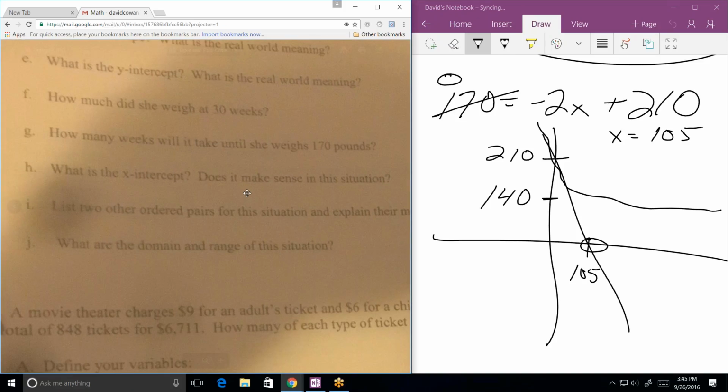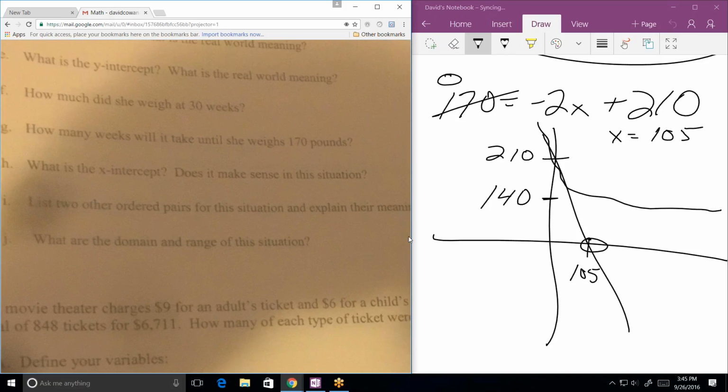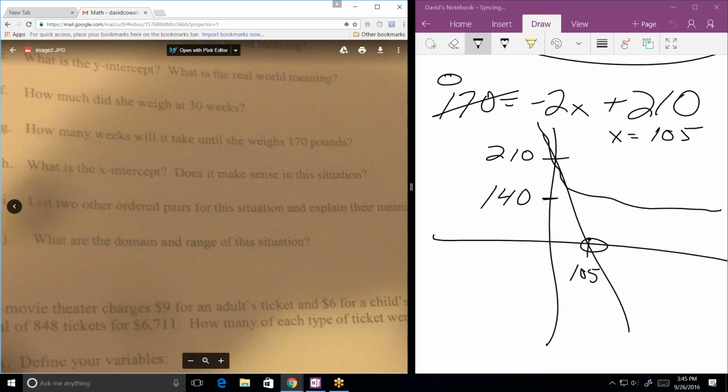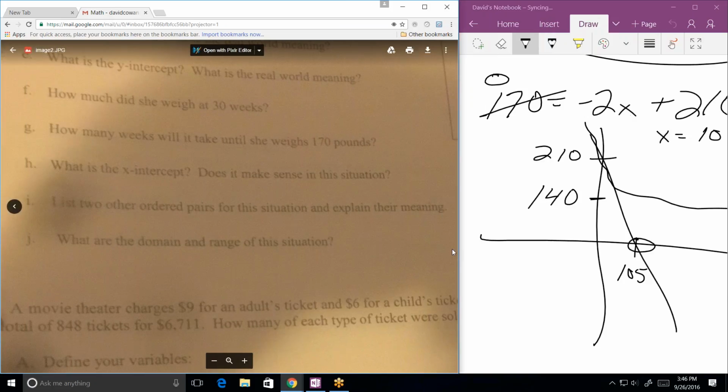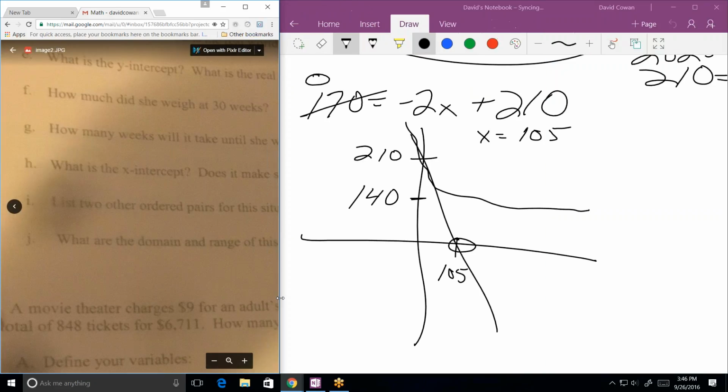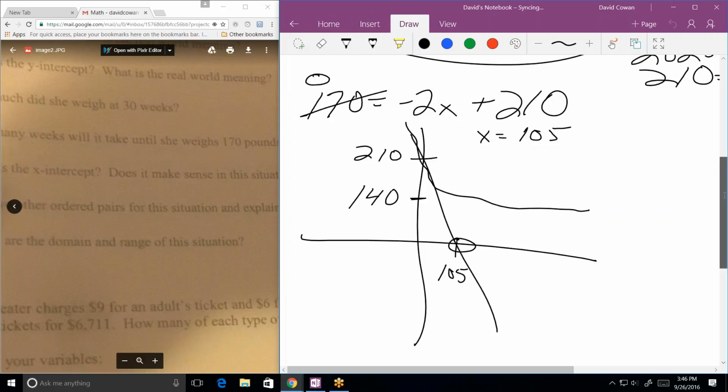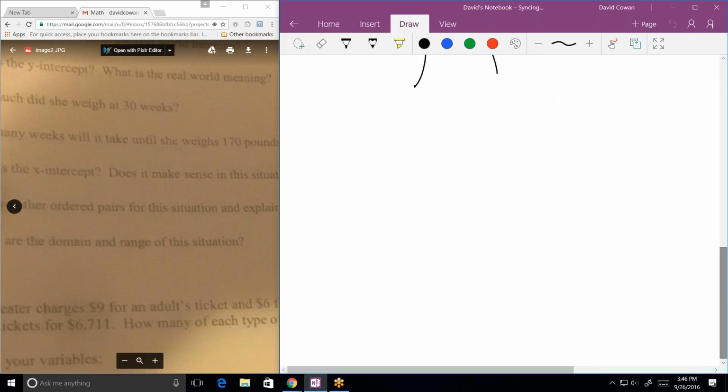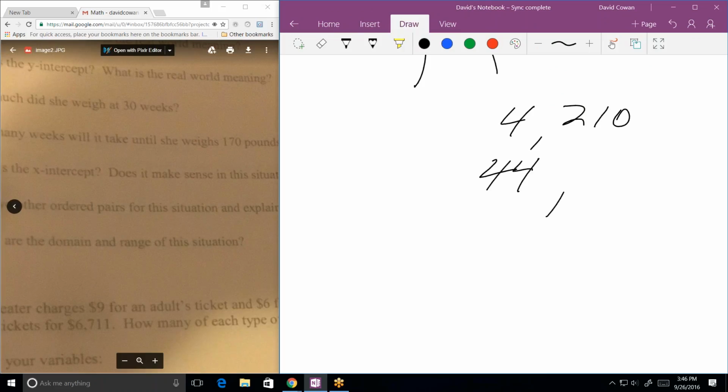Let's see, number I, list 2 other ordered pairs for this situation and explain their meaning. Okay, well they gave us 2 ordered pairs, and the ones they gave us were 4, 210, and 44. What was the rest of it?